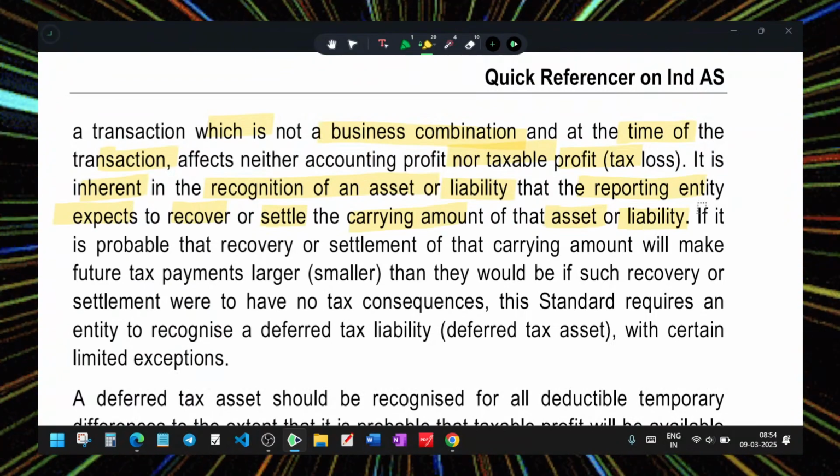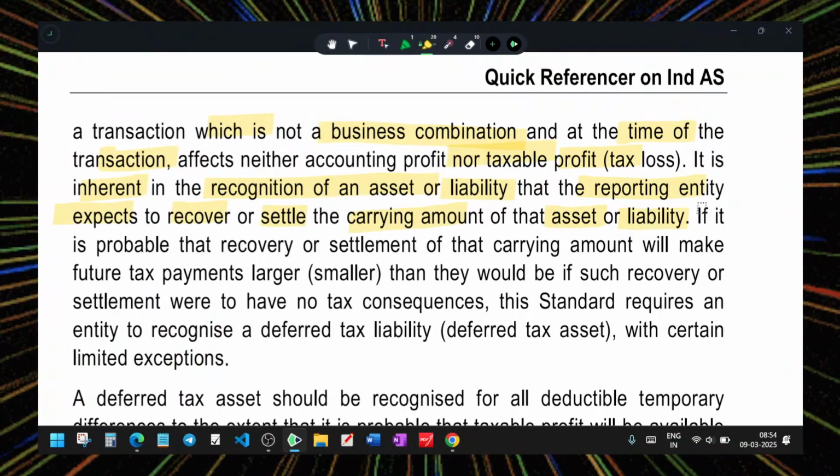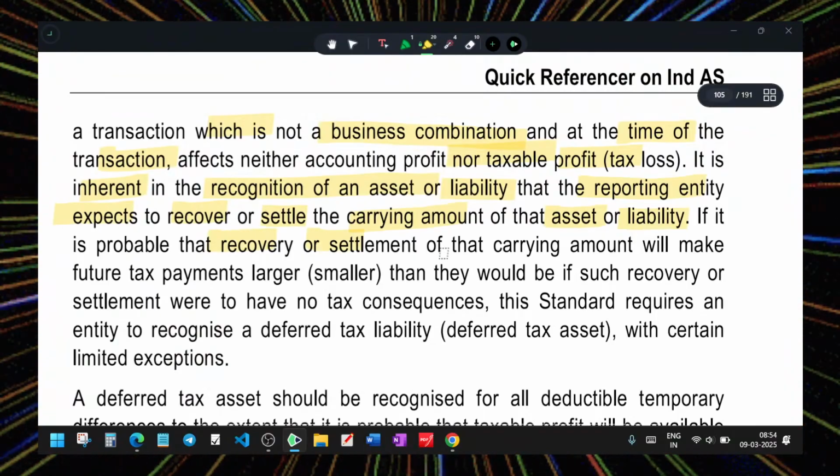Then there is a clash between taxation bases, with different countries having different tax bases. All these are to be considered, and that is what is being said here. The recovery or settlement of the carrying amount will make the future tax payment larger or smaller, unless recovery or settlement would have no tax consequences.